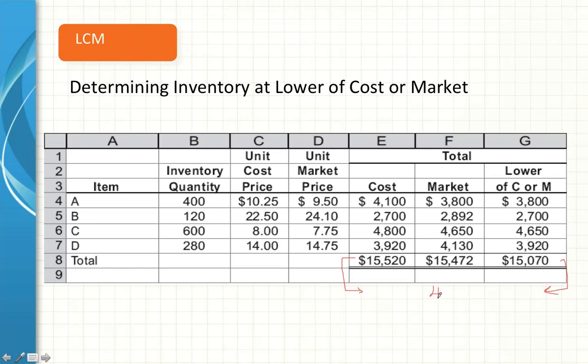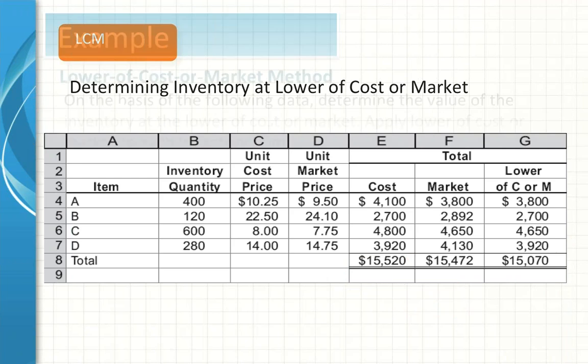There will be an inventory revaluation cost of $450 loss, which should be adjusted in the books this year by showing this amount as closing stock, closing inventory. This will go to our comprehensive income statement, and this should go to balance sheet as closing inventory. Comprehensive income statement will be adjusted with $450 because my cost price was 15,520.